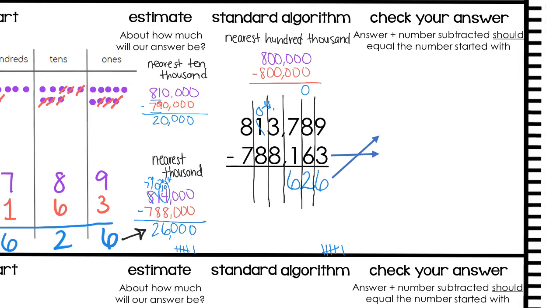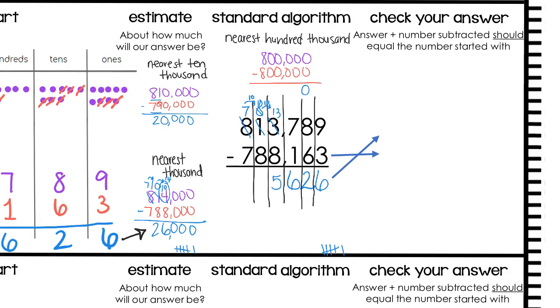So now I actually have 13. 13 minus 8 is 5. Now in my 10,000s, I only have 0. I can't take away 8 from 0, so I have to come to my 100,000s, take one of them, regroup 10 more. So now I have 10 in my 10,000s.